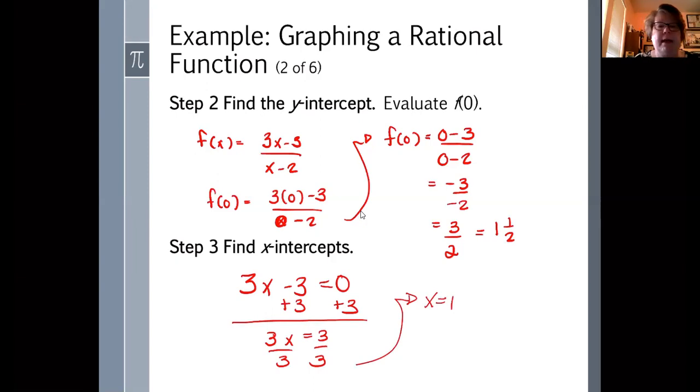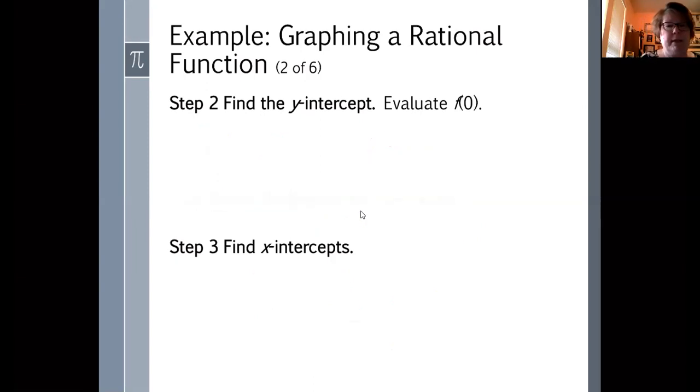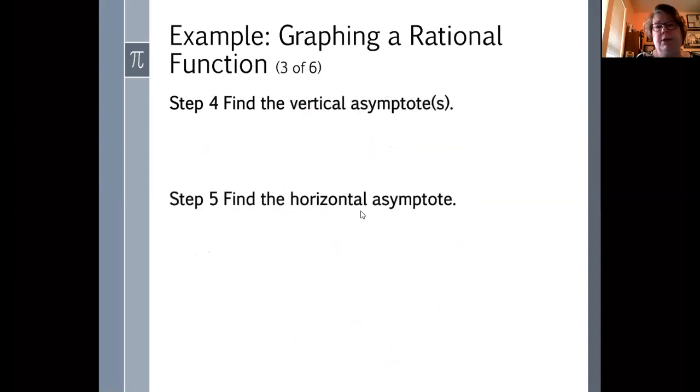All right, so what's next in our graphing step-by-step procedure? We're going to determine any vertical asymptotes. So again, my function was f of x equals 3x minus 3 over x minus 2. And I do need to factor that numerator just to make sure I can't cancel anything. I'm going to factor out a 3.